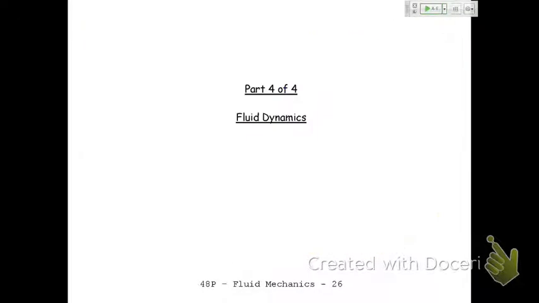Okay, so now we go to the fun bit, dynamics. We don't talk much about dynamics because it's very hard. Well, we do two things in dynamics. Dynamics is divided up into two bits. We have what's called laminar fluid flow, and we have turbulent flow.